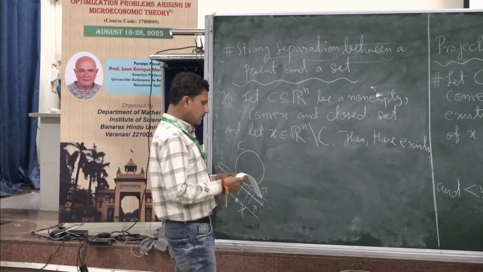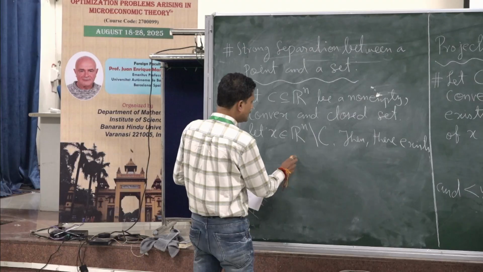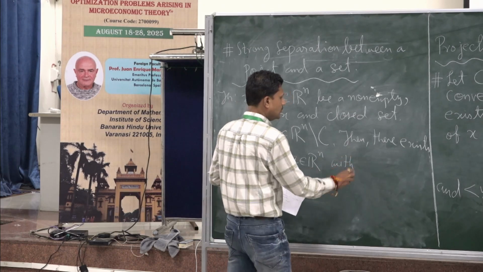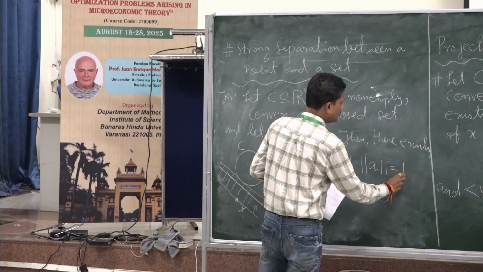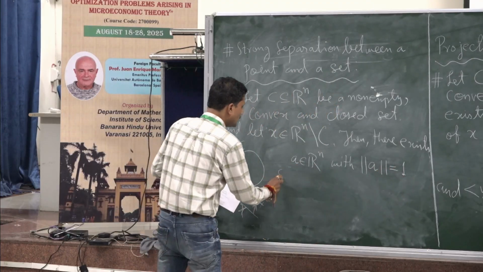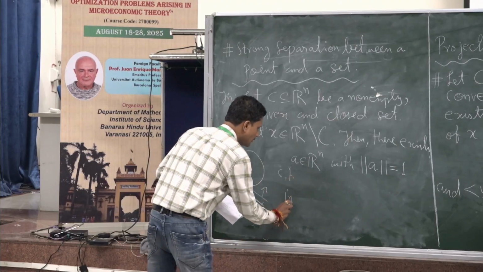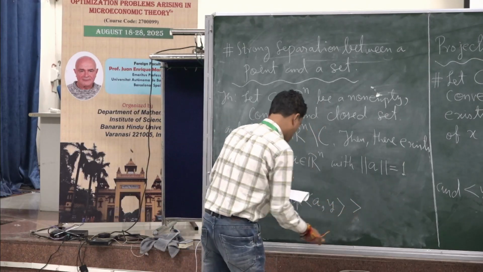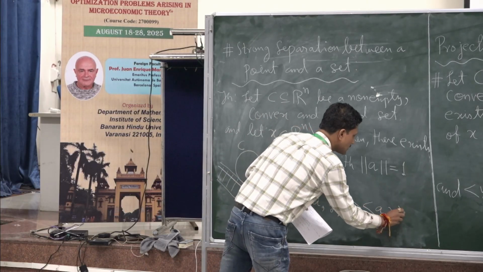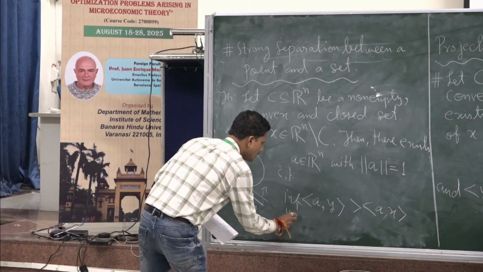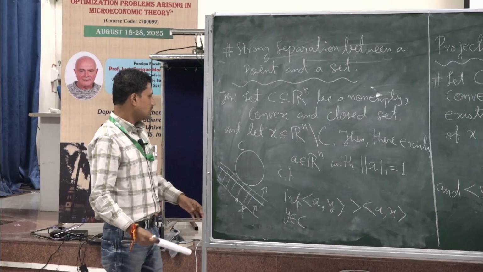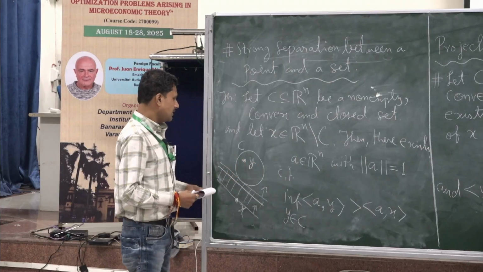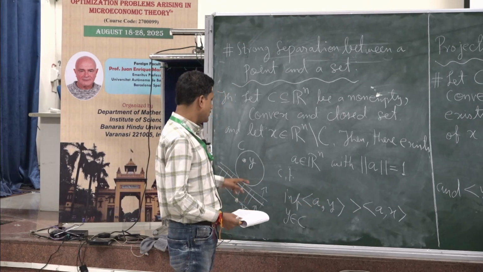So what will happen then? There exists some vector a in Rn, you can have any, but we are taking a unit vector, such that we can write the infimum of the inner product of a and y is greater than the inner product of a and x, where y is in C. Again we have many points y in this set C, and then we can have this inner product of a and y.